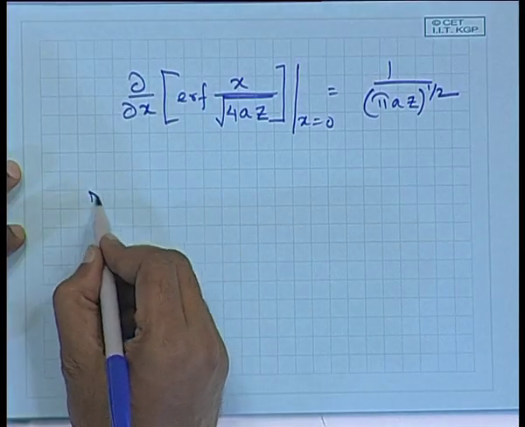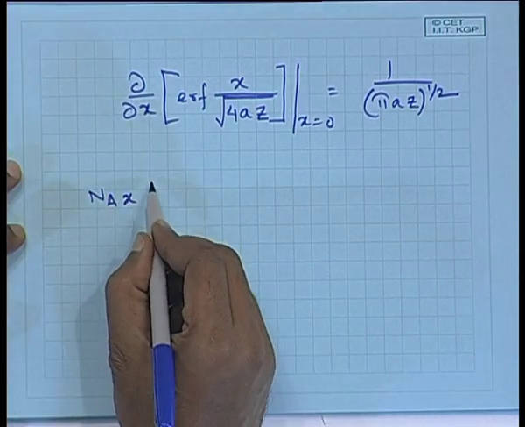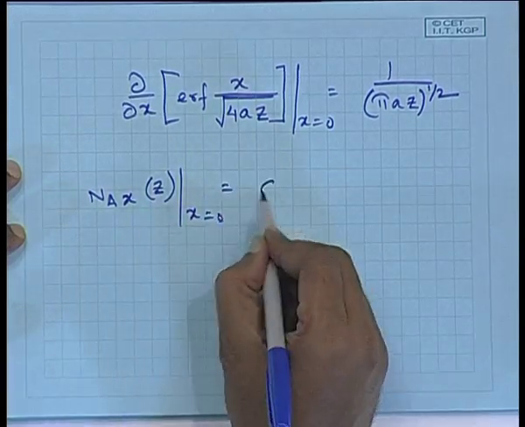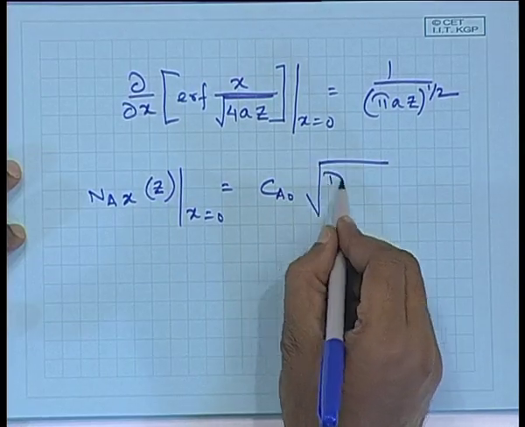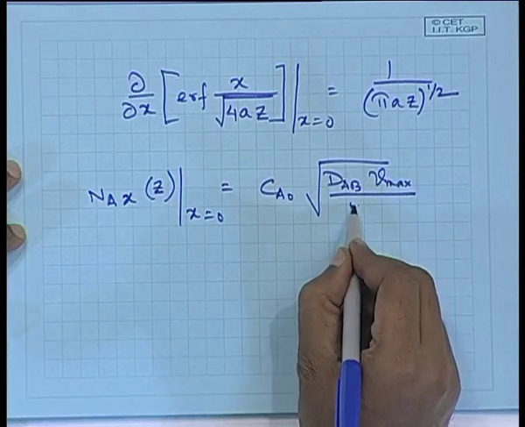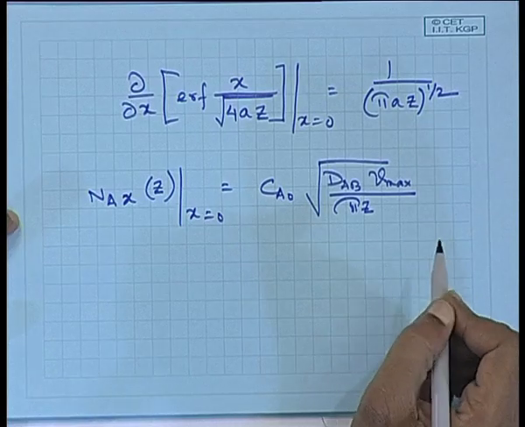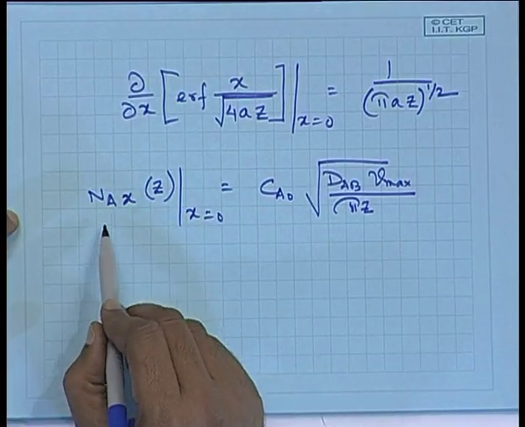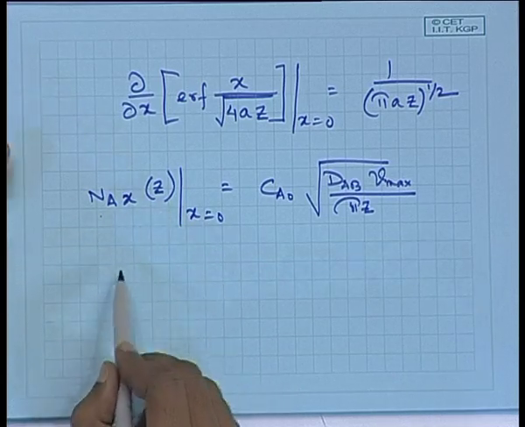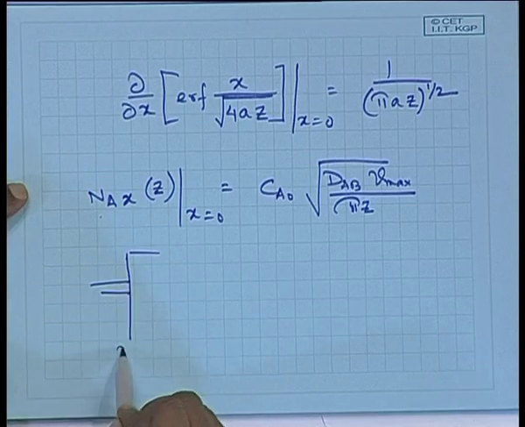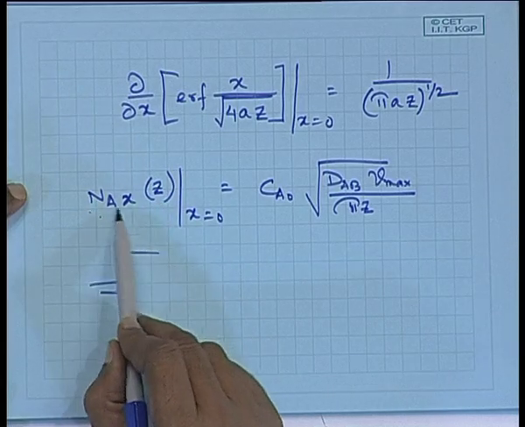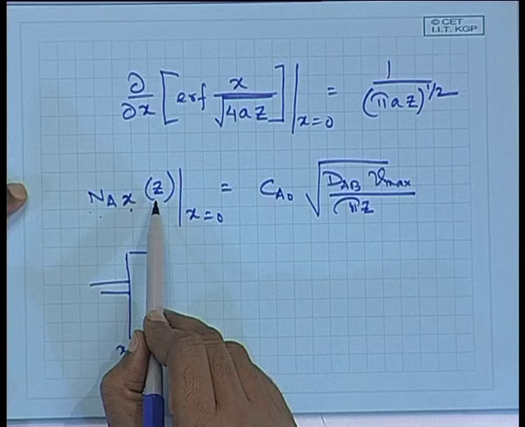So, if I do it in that way, NaX, so I can evaluate NaX, which is the movement of the absorption of the gas molecules at x equal to 0, and I also realize, as we have discussed before, this NaX is going to be a function of Z.